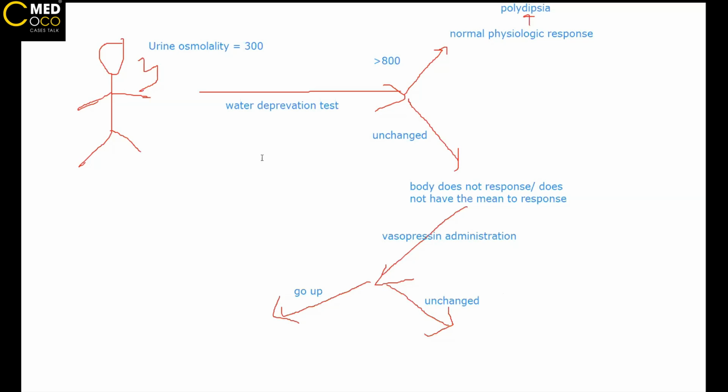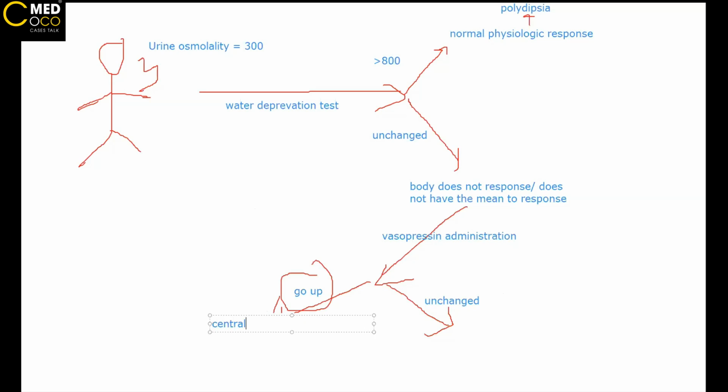So vasopressin is like ADH. Remember the nephron that I drew, it increases the aquaporin water channel. If your body osmolality goes up, the urine osmolality goes up, which means that they have the means to do that, which means they just don't have ADH. Okay, now you put ADH in the body, okay, they respond.